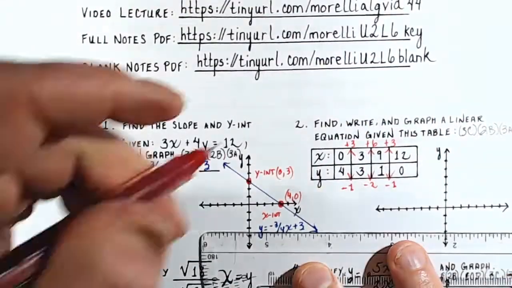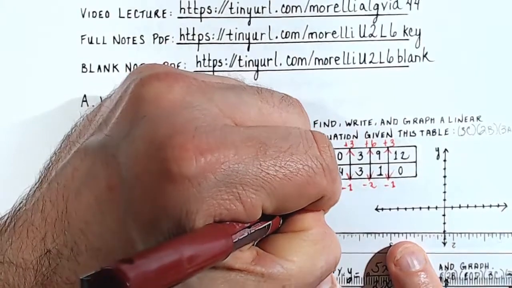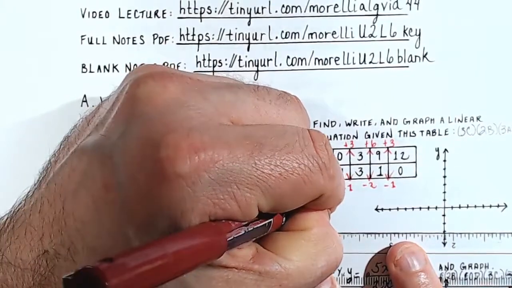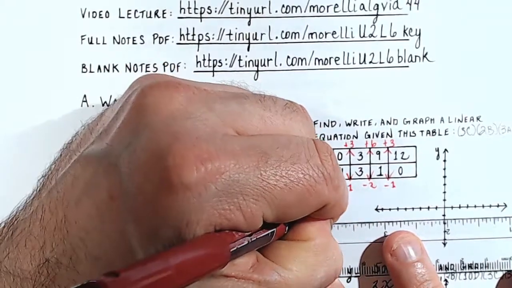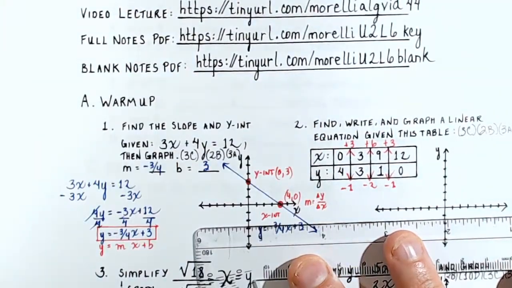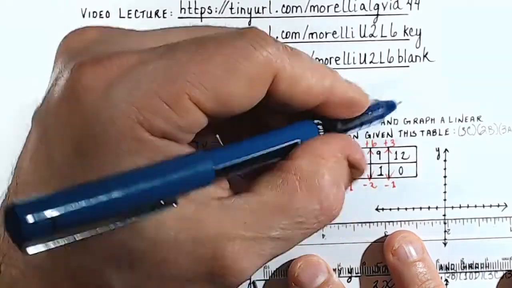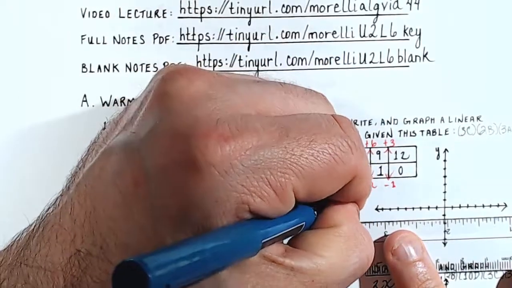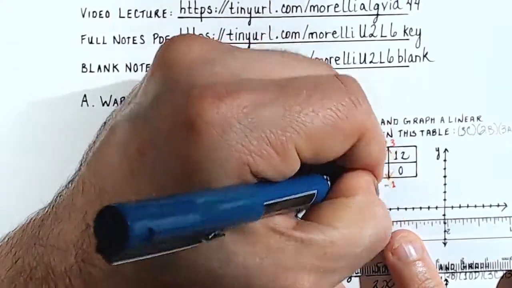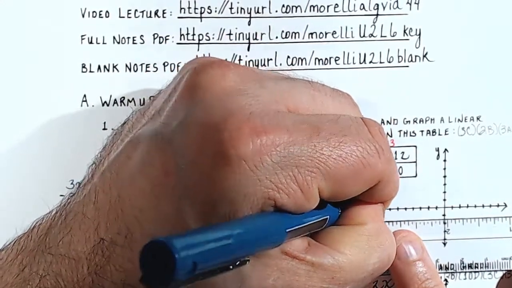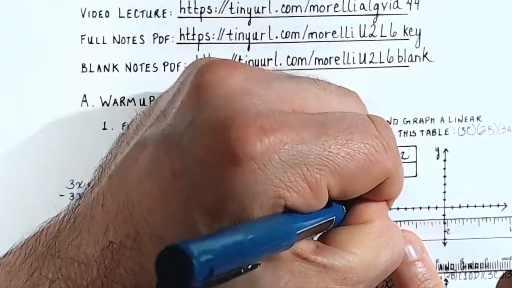Remember that m can be expressed as the change in y over the change in x. If we try out these ratios, that would be -1 over 3, and this would be -2 over 6, which can be reduced to -1 over 3.